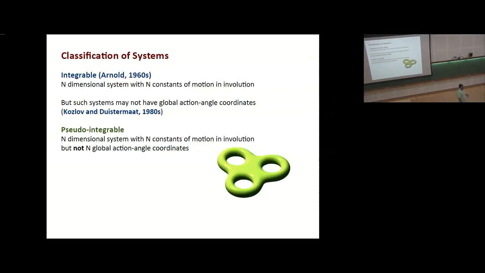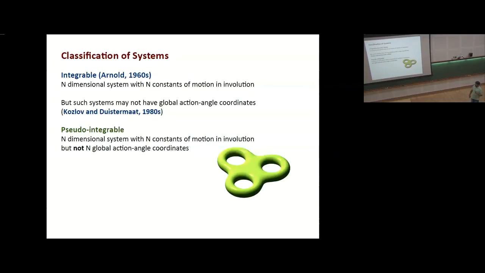But in the 80s, Kozlov and Dwestermath independently showed that such systems need not have n global action-angle variables. These systems are known as pseudo-integrable systems. Motion in these systems, instead of being given by a torus, is given by a collection of tori joined together in the form of handles.